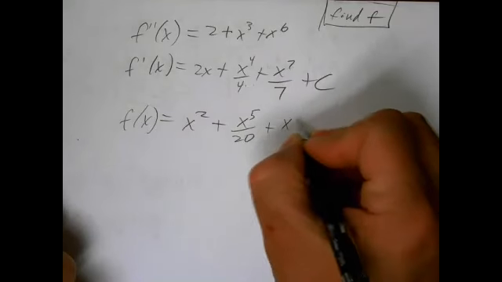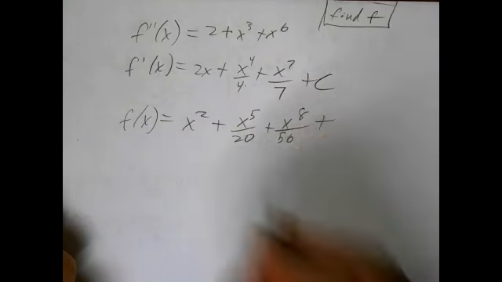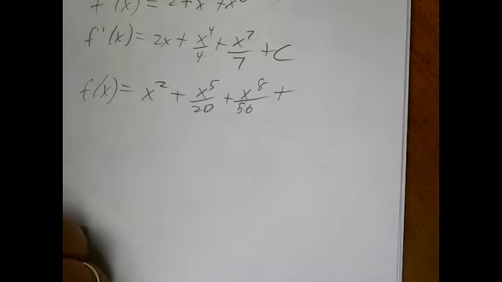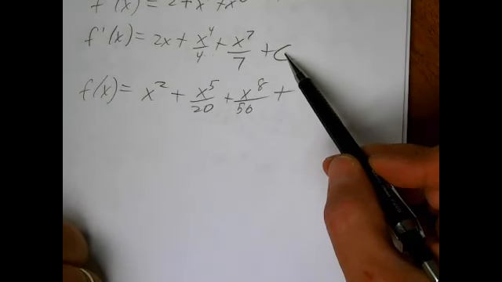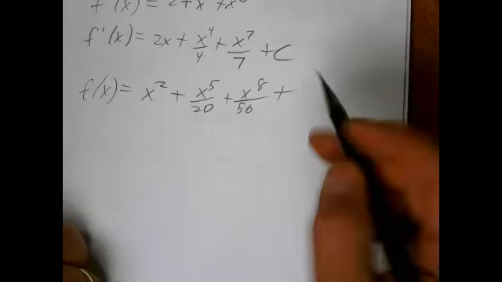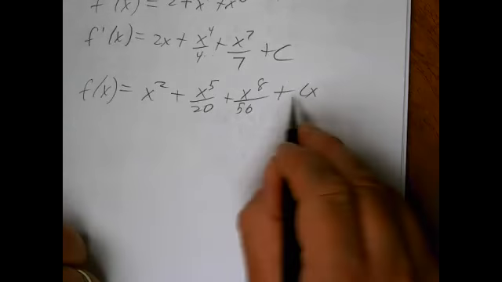This being x to the 8th over 56 plus, and here's where we're stepping into a new concept here. This constant, the antiderivative has to be found. And the antiderivative of a constant is a constant times the variable. Take the derivative of this, and you'll see that you get that.